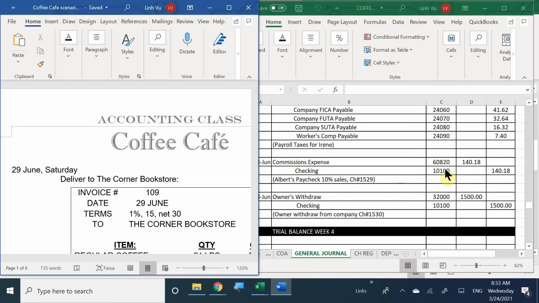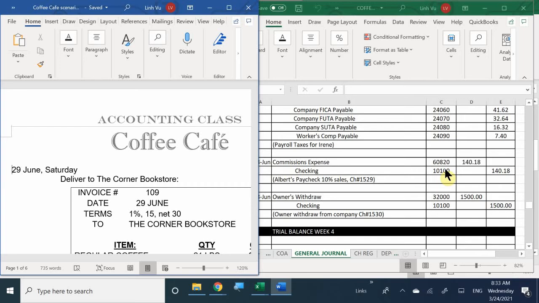Once we do that, the next thing we got to do is complete our unadjusted trial balance, okay? Now, this is going to be the actual step 5, because once we reach the end of the month, we do our unadjusted trial balance, and then after that, we're going to make adjustments.